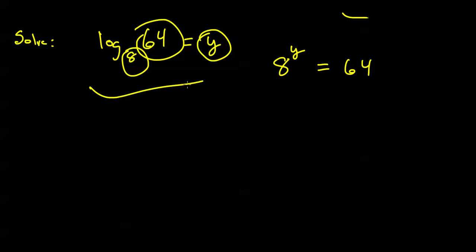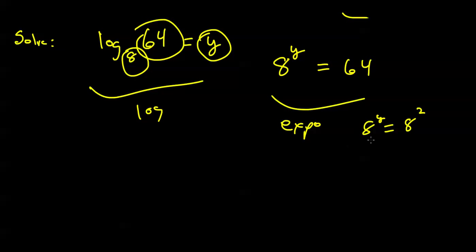Okay? Log form, exponential form. So if 8 to the y power equals 64, well, I'm hoping everyone here recognizes 64 as 8 squared. So my response here should be y equals positive 2.